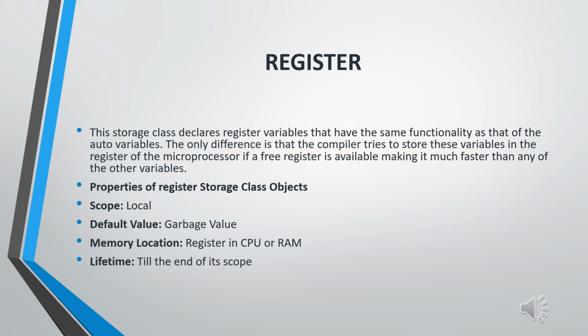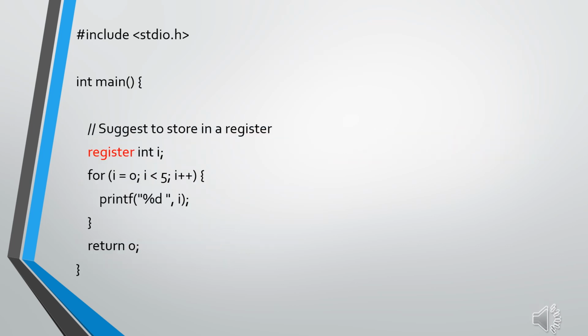The programmer can only suggest that the compiler store these variables in the register, which are used repeatedly or whose access times are critical. In case the compiler rejects the request to store the variable in a register, the variable is treated as having the storage class specifier auto.